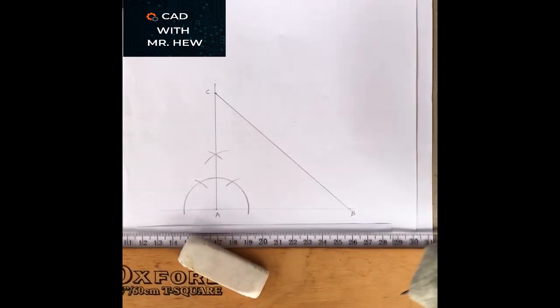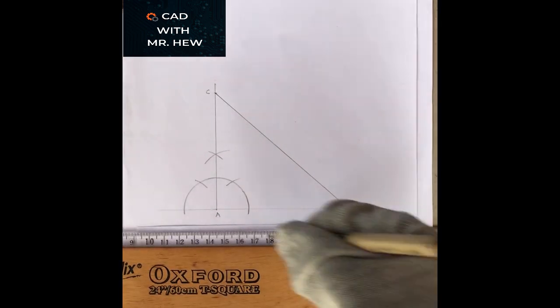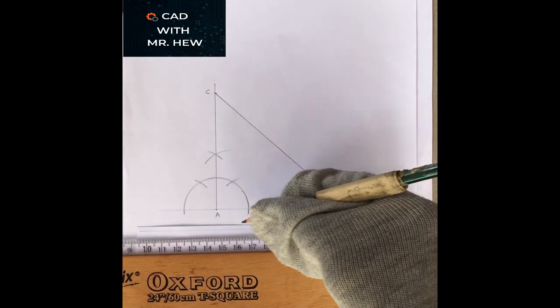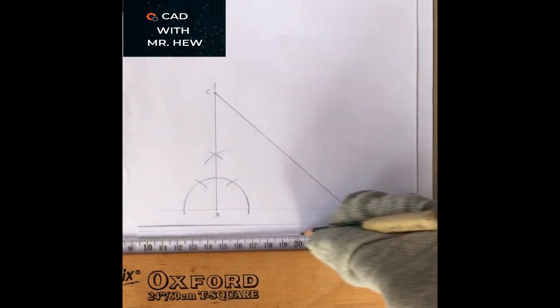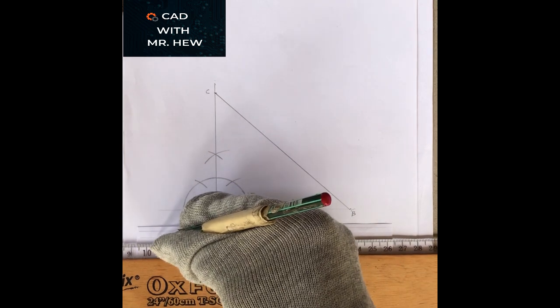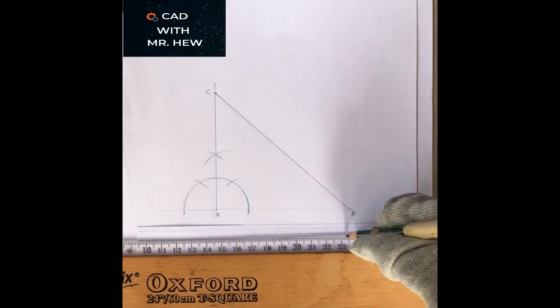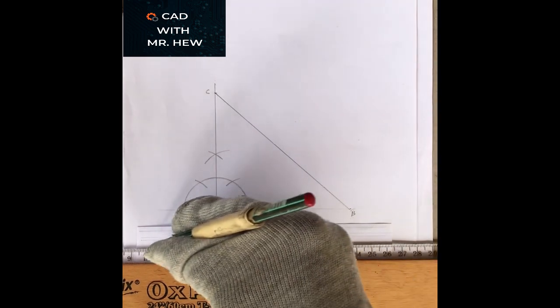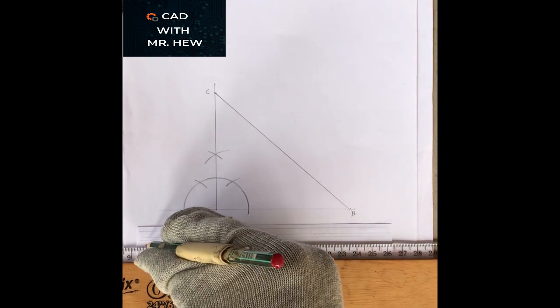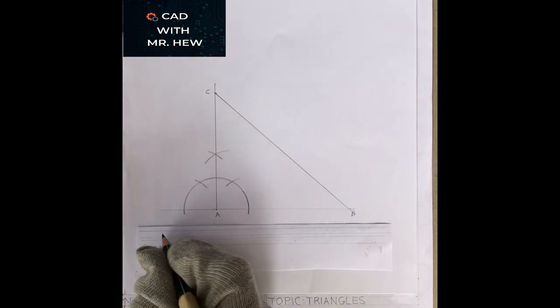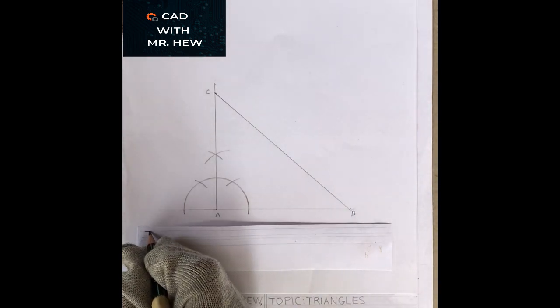We'll be labeling the drawing. So we'll be using our T-square to draw some guidelines so that we can label the drawing. So we draw our guidelines using our T-square and pencil. So we're going to label our right angle triangle.